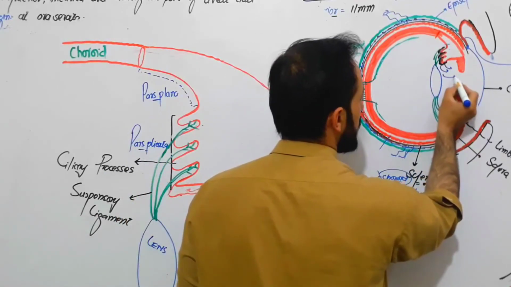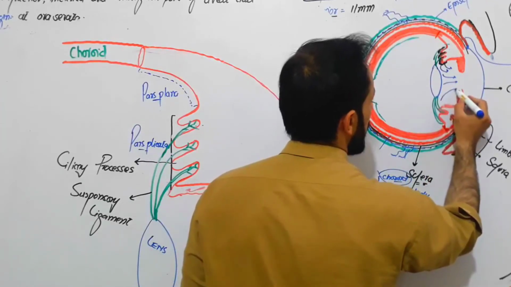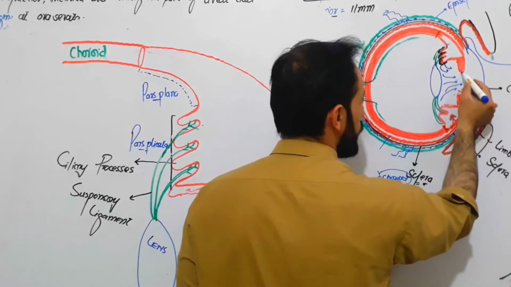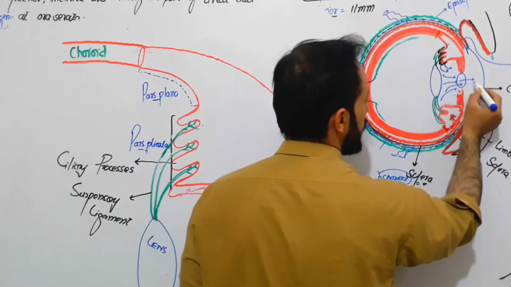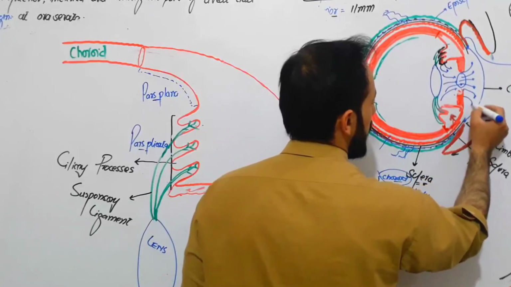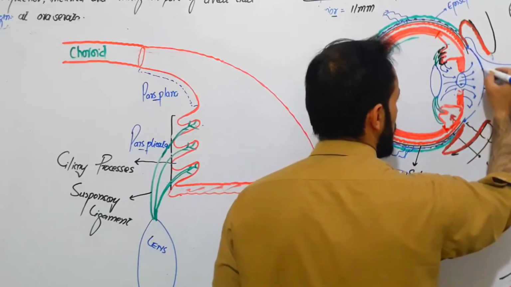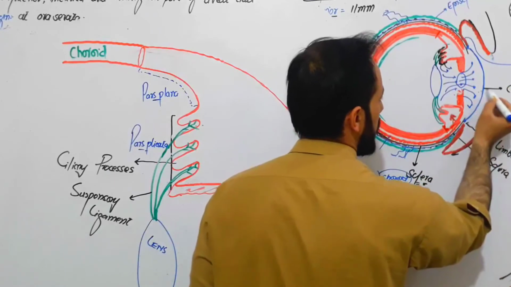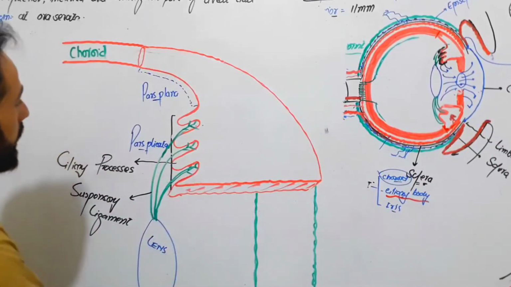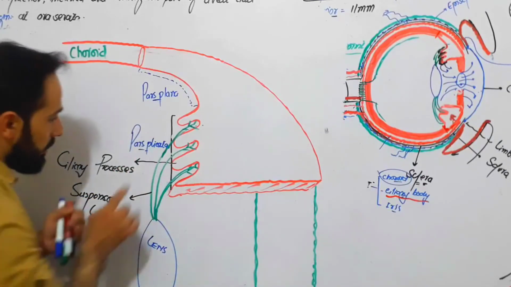So they secrete the aqueous humor into the posterior chamber, and then they move through the pupil. This aqueous fluid moves to the anterior chamber, and it nourishes the posterior part of the cornea and other things.